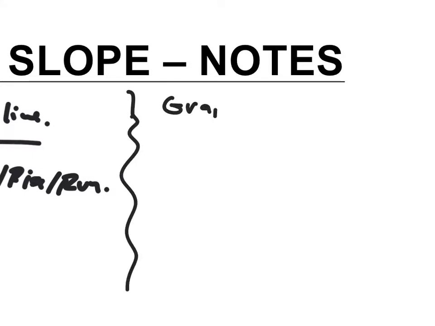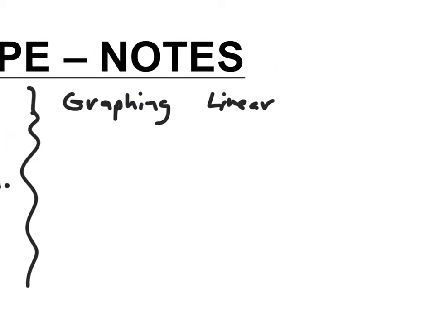Now the thing I want to talk about before we get started on some practice problems is graphing using the intercepts. Let's just talk about graphing linear equations. In slope intercept form, this is the easiest method.